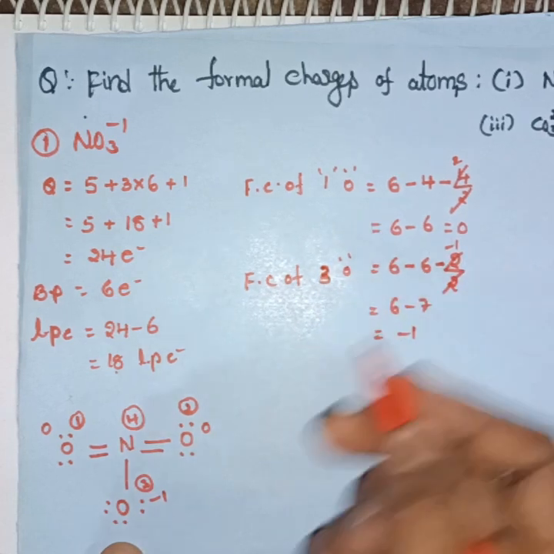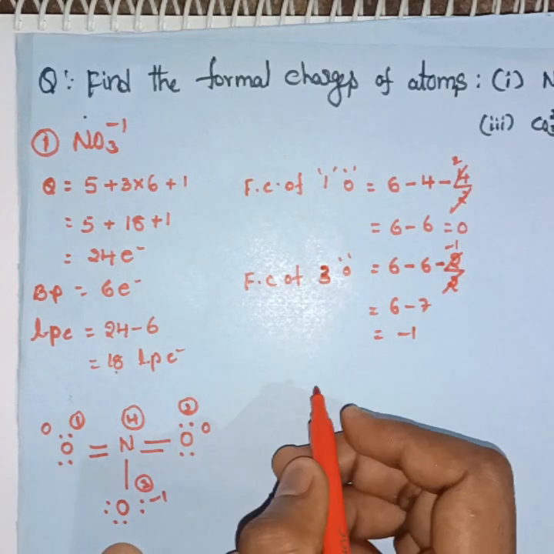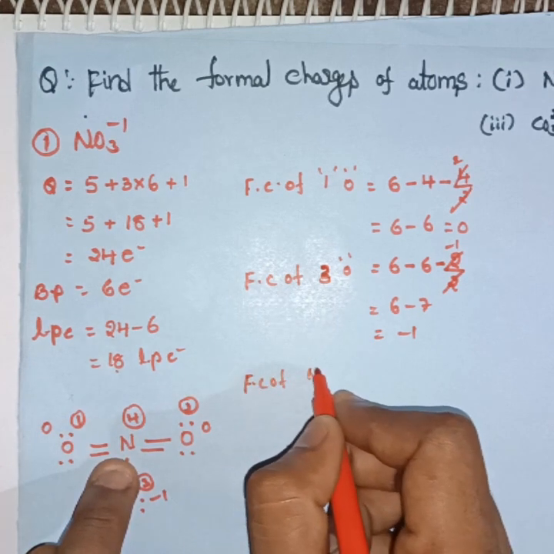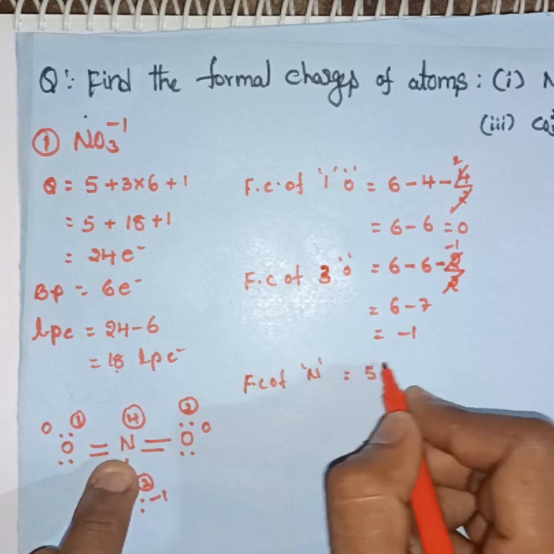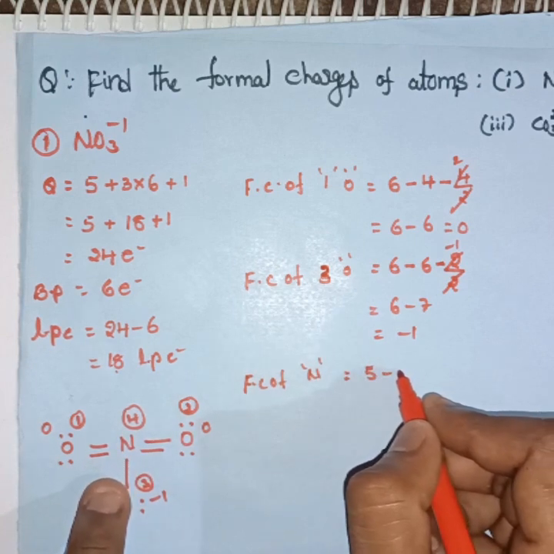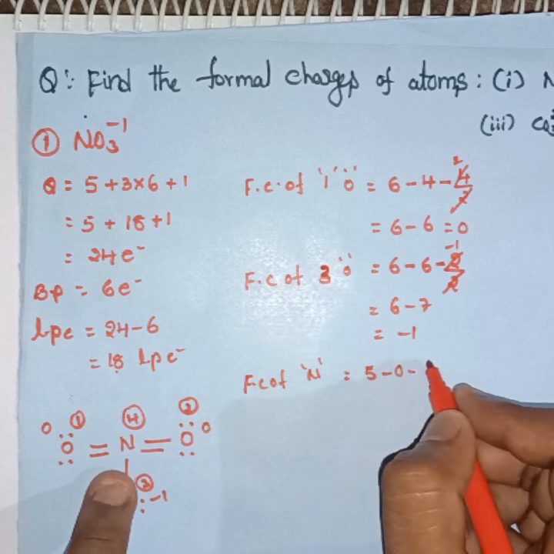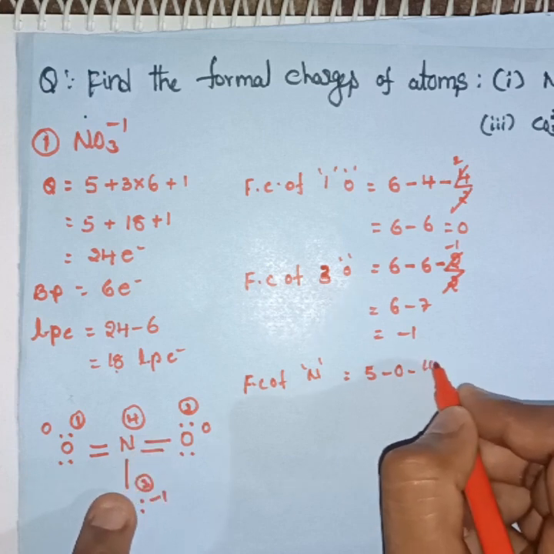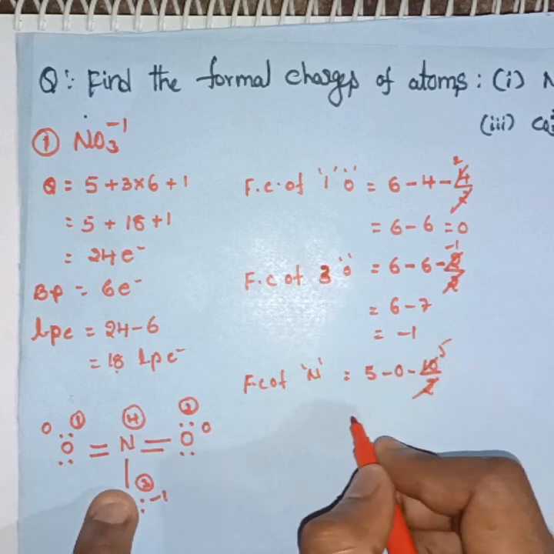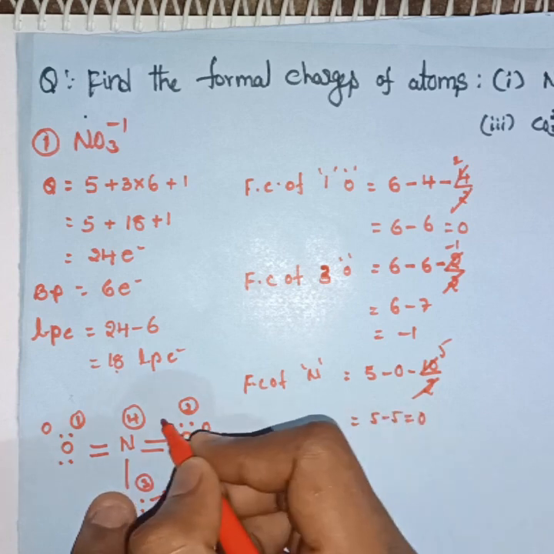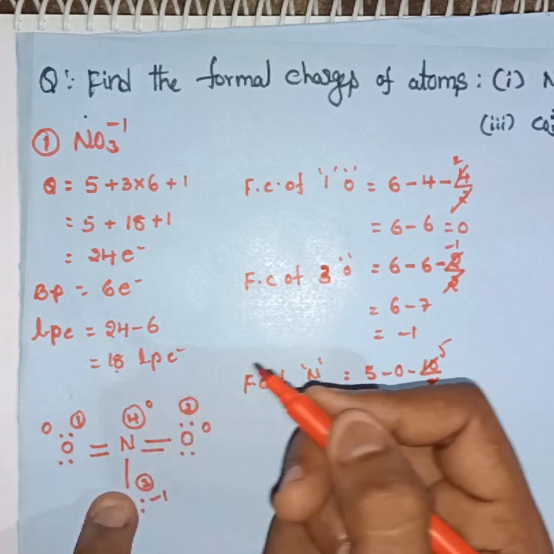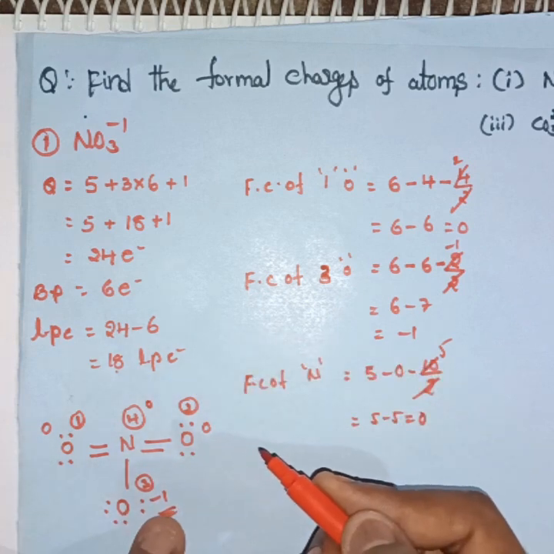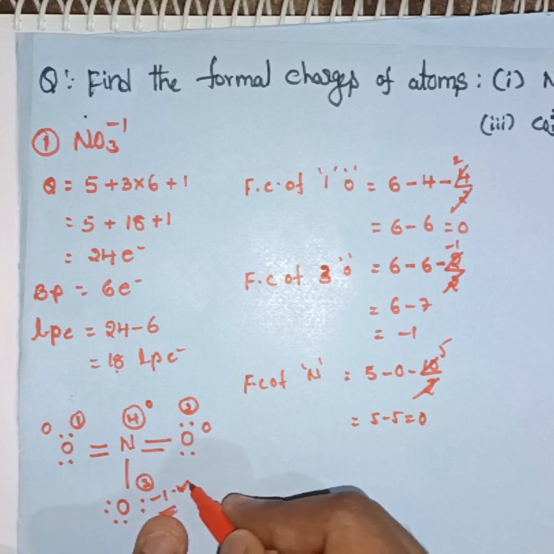Let's find out the formal charge for nitrogen. Nitrogen has 5 valence electrons minus lone pair electrons 0 minus the bonding electrons 2, 4, 6, 8, 10 by 2. There you get 5 minus 5 is equal to 0. Formal charge of nitrogen is 0. So the formal charge of the third oxygen atom, minus 1, is the only charge present in the ion.